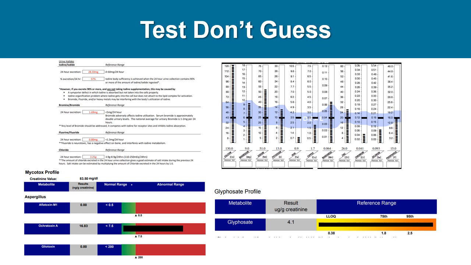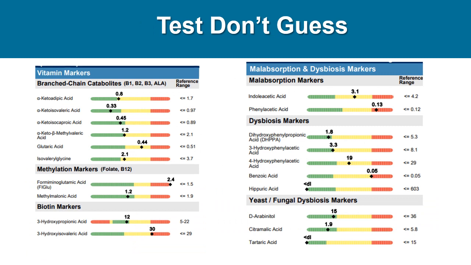And then the iodine testing is super helpful, because that one is used just to check iodine status, as it supports the thyroid, and the thyroid is very important for your immune system and your metabolism as well. But in addition to the iodine, I also check for halides, because halides can interfere with iodine absorption in the body. Then there are the vitamin markers, which are your B vitamins via the branched chain catabolites.